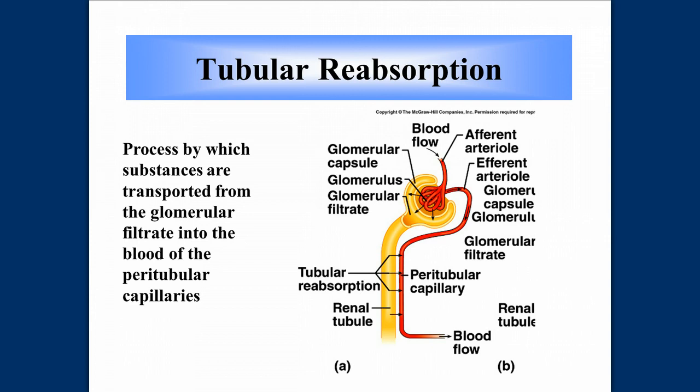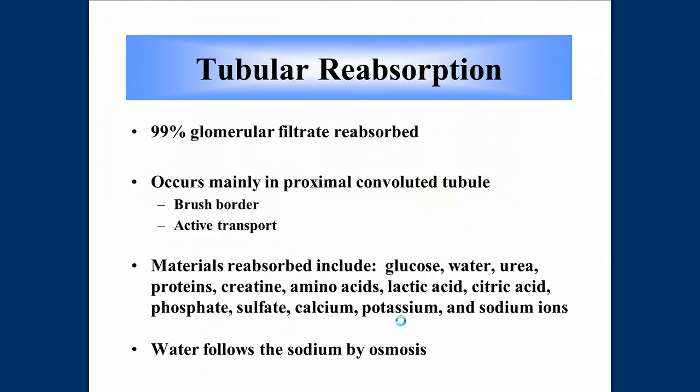But substances that are needed to maintain homeostasis in the body are reabsorbed. They leave the tubule and go back into the bloodstream from the glomerular filtrate, reabsorbed into the bloodstream in the peritubular capillary. 99% of the glomerular filtrate will be reabsorbed.